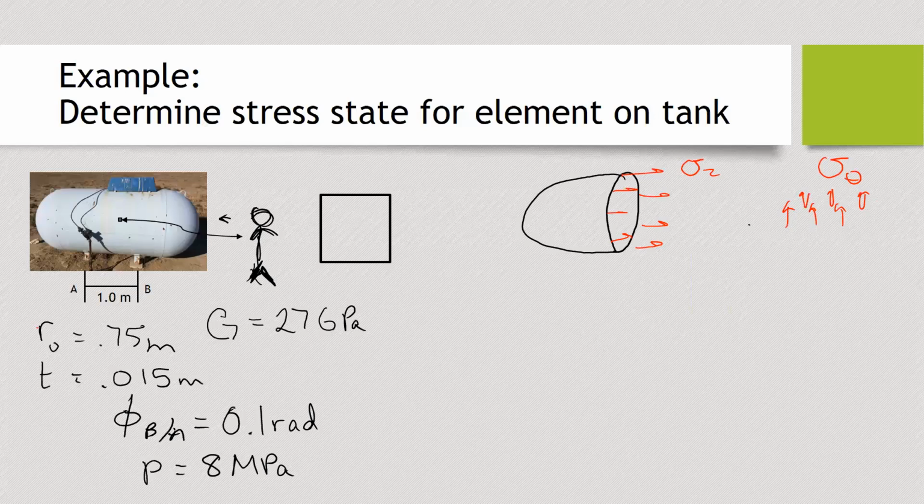We're just looking at the middle part of this body. But yes, we have what we call sigma theta acting in the other direction. So those two stresses are coming from the fact that this is acting as a pressure vessel. But now we need to think about what is happening due to that twist.